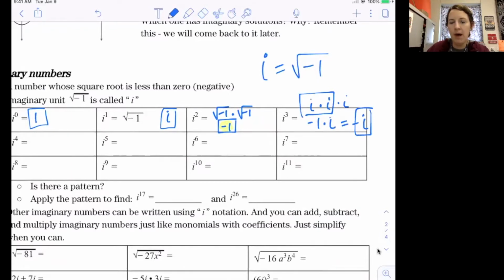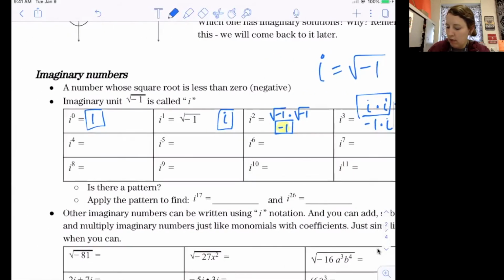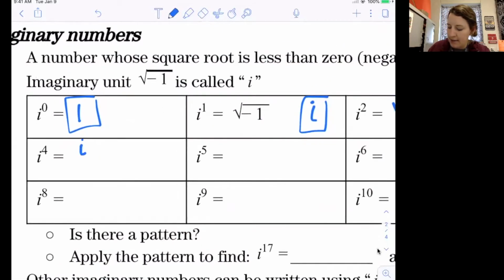So I have 1 positive i, -1, negative i. i to the fourth power is i times i times i times i.